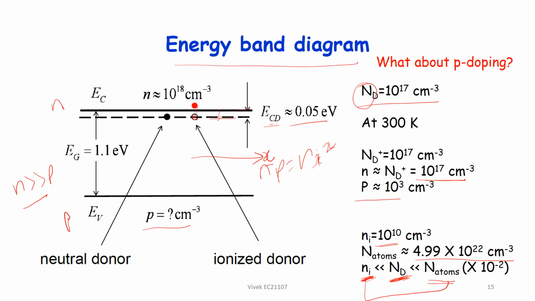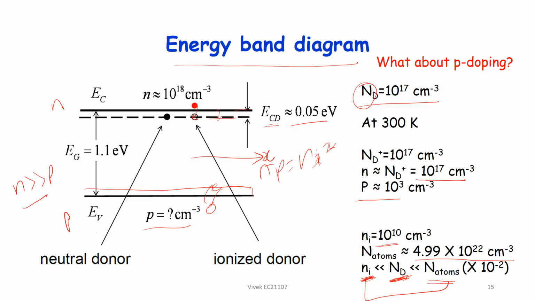Now what about p doping? It is very similar. For p doping, it will form an energy level close to the valence band, so it can easily give a hole, right? Taking an electron means giving a hole to the valence band.